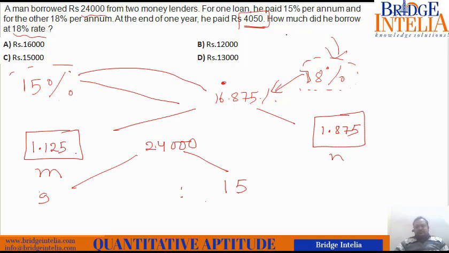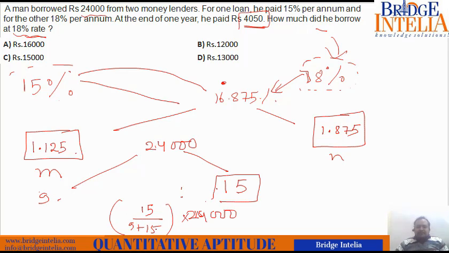So how much did he borrow at 18% rate? 15 parts out of a total of 9 plus 15 parts of 24,000. So 15 by 24, this will cancel 1,000. So 15,000 is the correct answer.